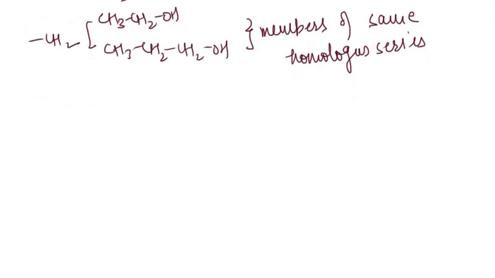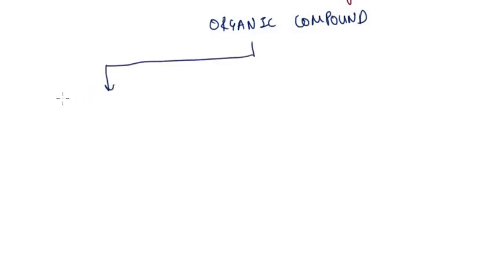So now we are going to start the IUPAC. So we just look at the common division of organic compounds. How organic compounds are being divided, or we can say they are classified. So first of all, it is acyclic or open chain compound.